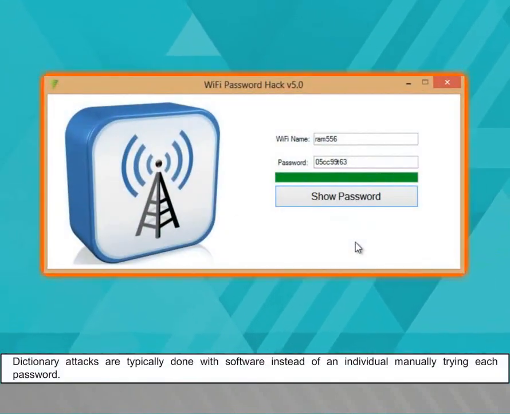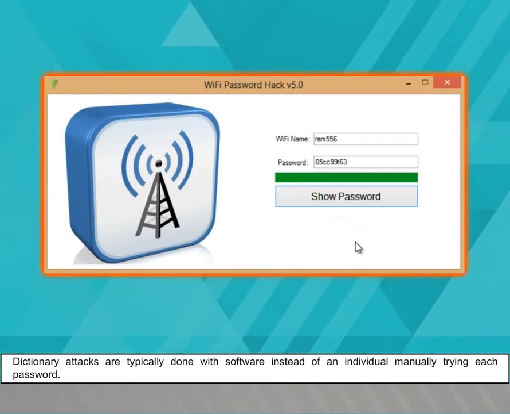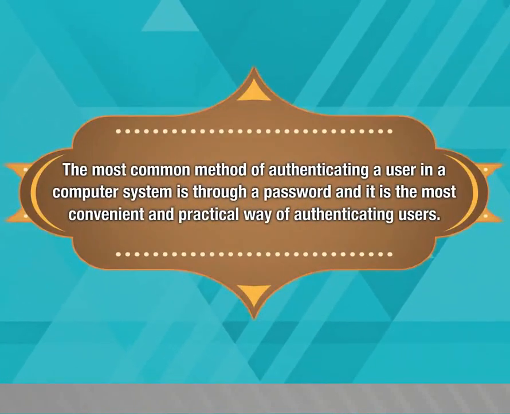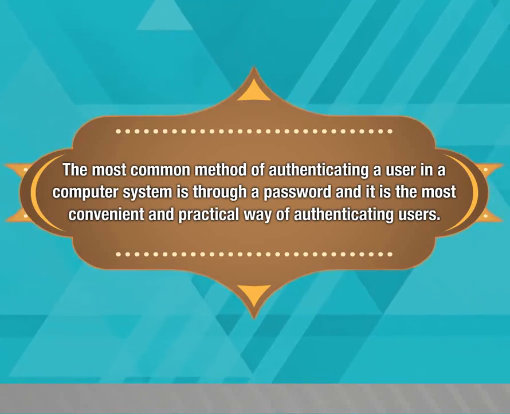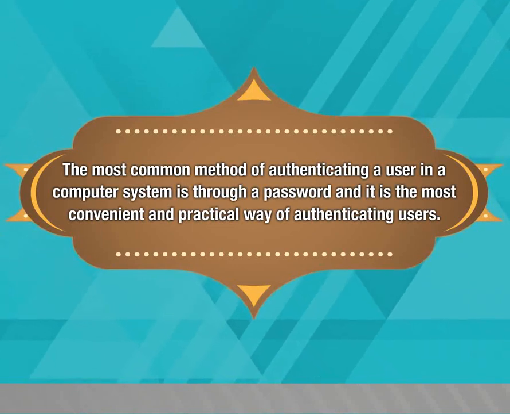Dictionary attacks are typically done with software instead of an individual manually trying each password. The most common method of authenticating a user in a computer system is through a password, and it is the most convenient and practical way of authenticating users.